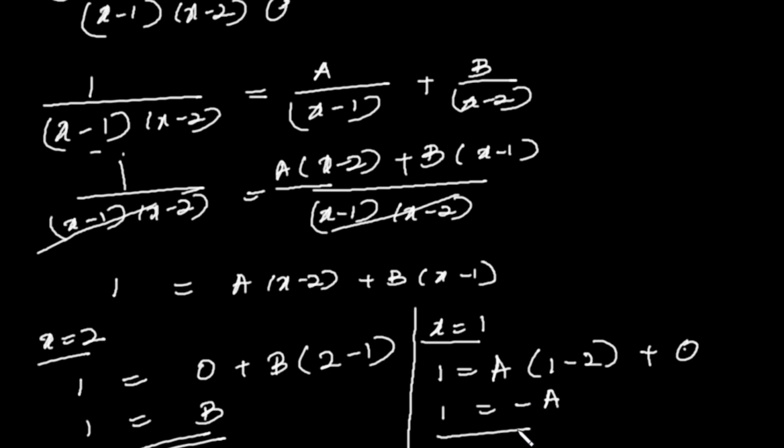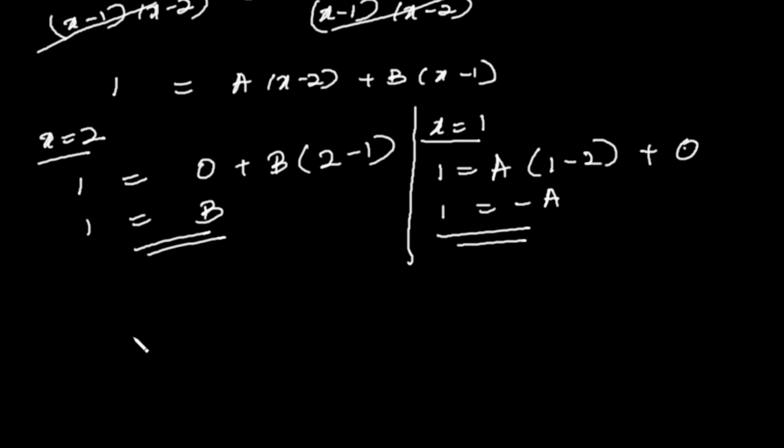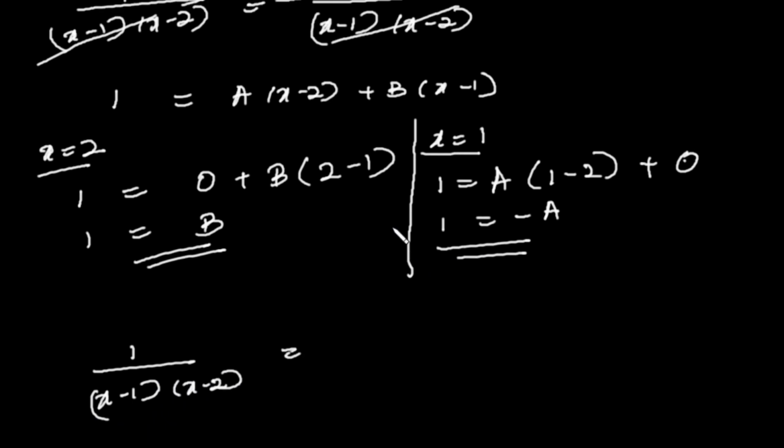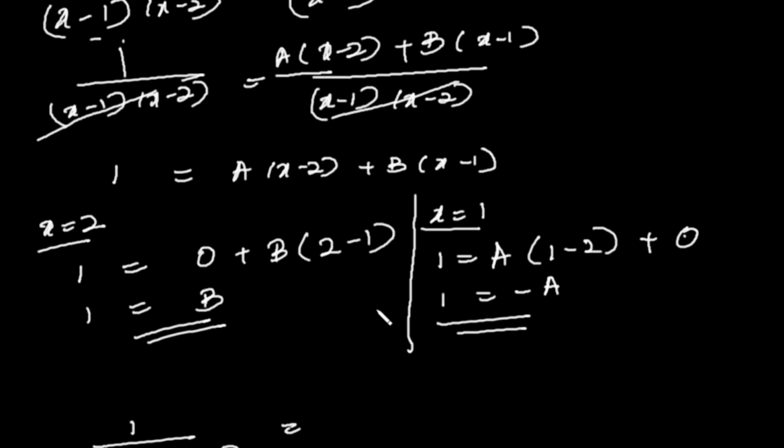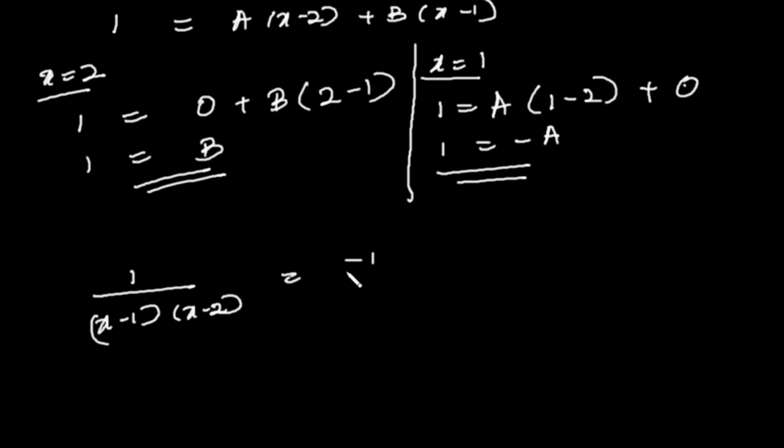So now we have the values of a and b, so we can substitute these values into this equation. 1 over (x minus 1)(x minus 2) equals, here a is minus 1, so minus 1 over x minus 1, plus b is 1, so 1 over x minus 2.